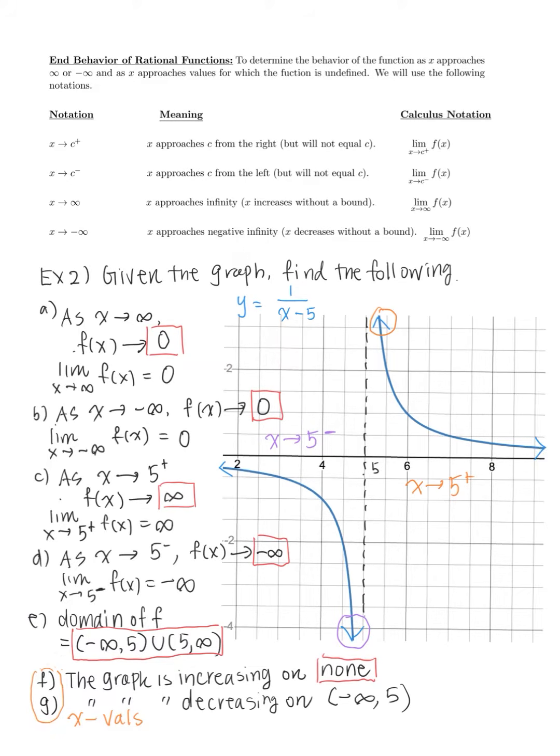So what is it doing? If I look at the graph from left to right, then this is definitely decreasing. So where is it decreasing from? 5 all the way up to infinity, but 5 is not included. So therefore, the graph is decreasing on negative infinity to 5, and then 5 to positive infinity. I'm running out of room, but then what else is new, right?